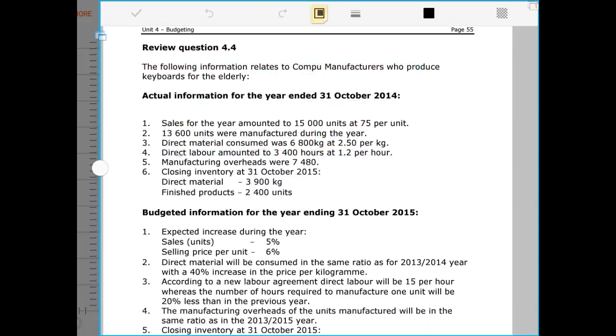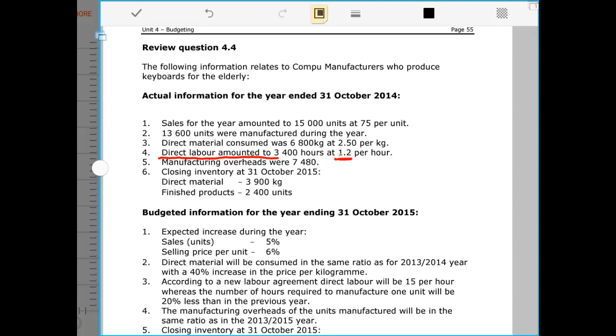Then it continues by saying that direct labor amounted to 34,000 hours at 1 rand 20 cents per labor hour.